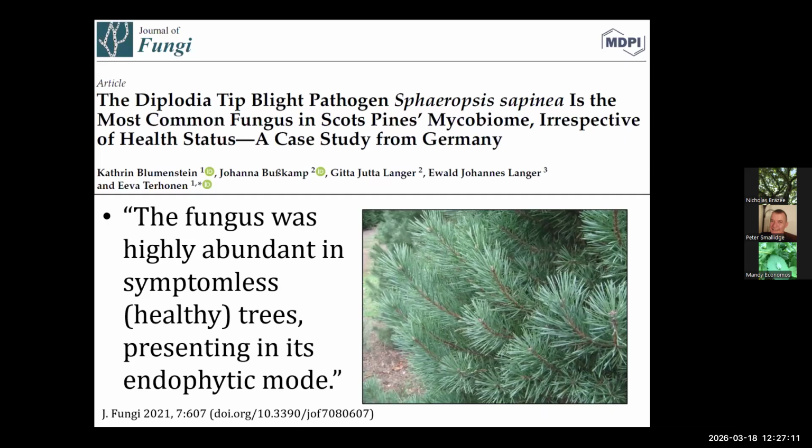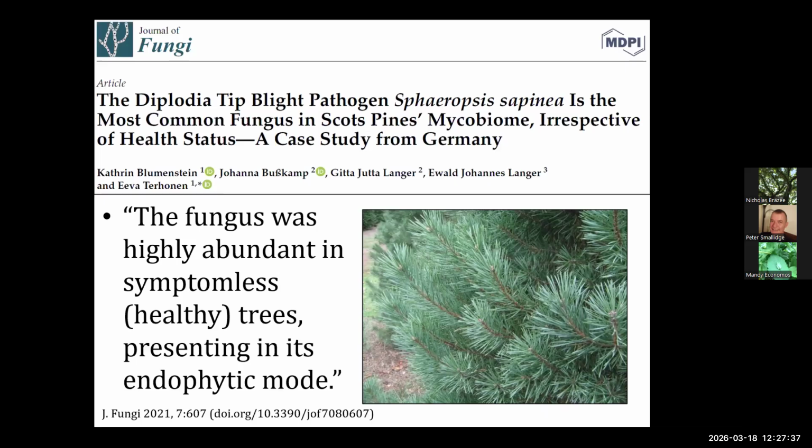And basically what they found is if you collect shoots and needles of Scots pine, whether they are healthy or diseased, and you grind up that tissue and you extract DNA and you just look at the DNA of the fungi that are present, you will find that Diplodia was highly abundant in healthy trees, presenting in its endophytic mode.